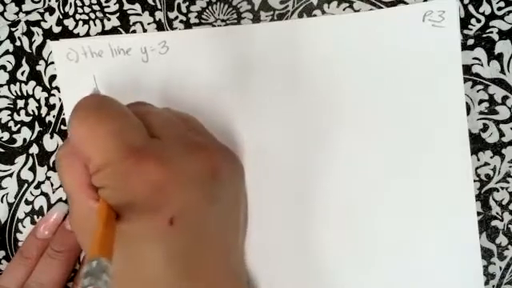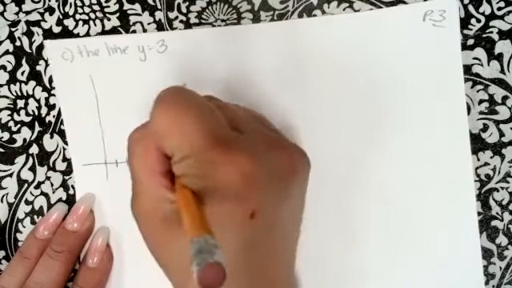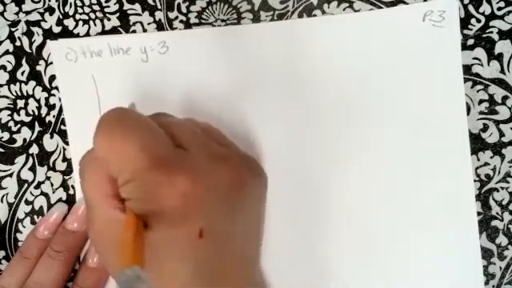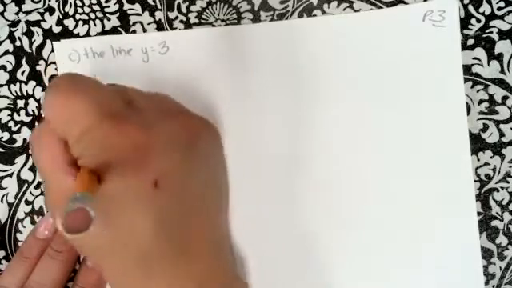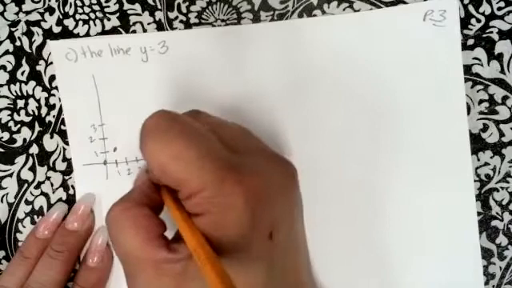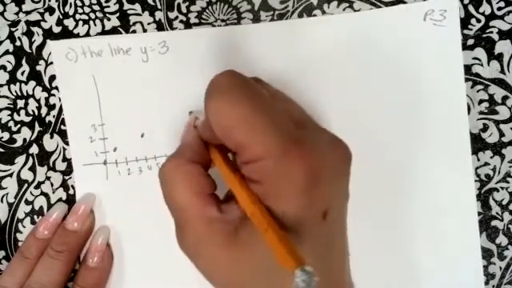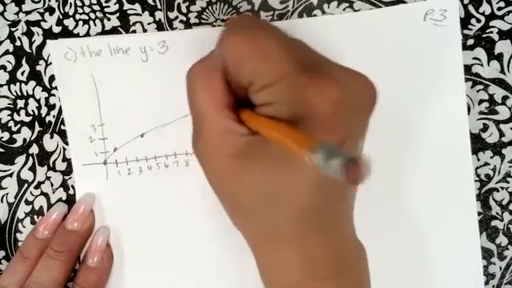So I need the square root of x graph. Square root of 0, 0, 1, 2, 9. So this is the graph of y equals square root of x.